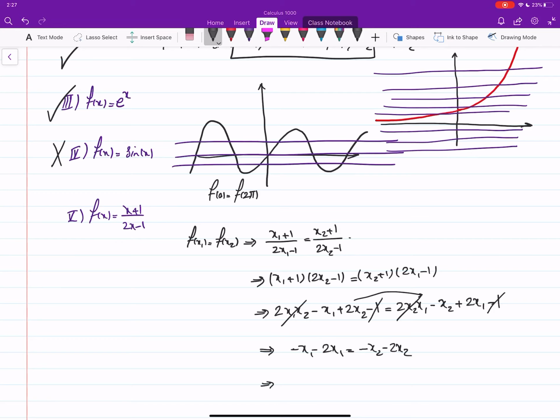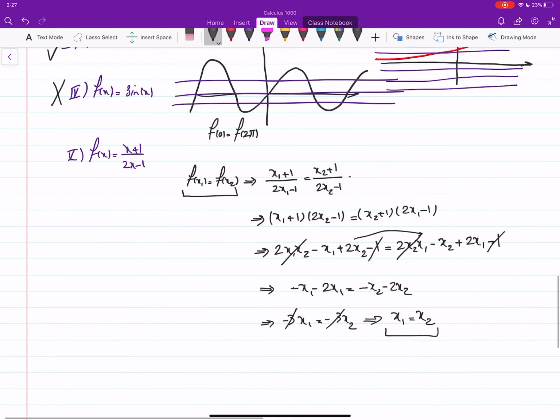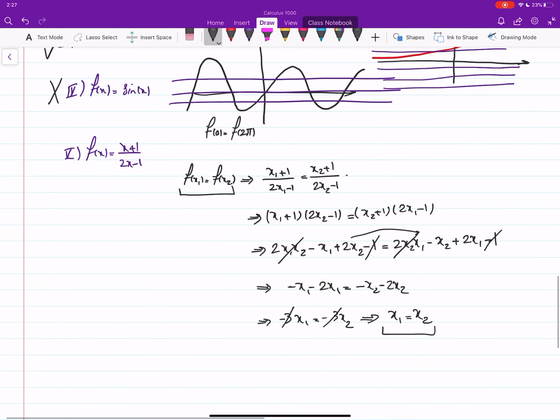As a result, negative 3x1 is equal to negative 3x2. We cancel the negative 3's, and x1 is equal to x2. We started from f of x1 being equal to f of x2, and we concluded that x1 needs to be equal to x2, and that is the definition of one-to-one.